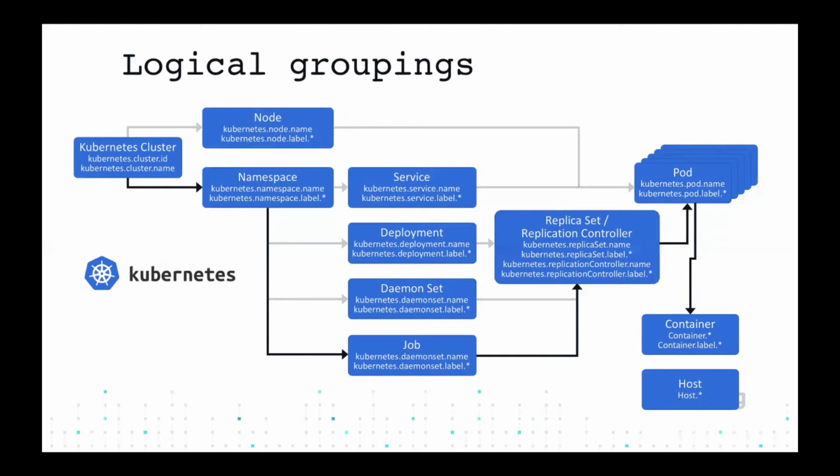That wouldn't work. The other thing that's notable here is that Kubernetes objects like namespace, deployment, and pods are all based on container labels. So when you have anything related to a container, we can roll it up to any of these Kubernetes levels. However, host is not really a Kubernetes object.